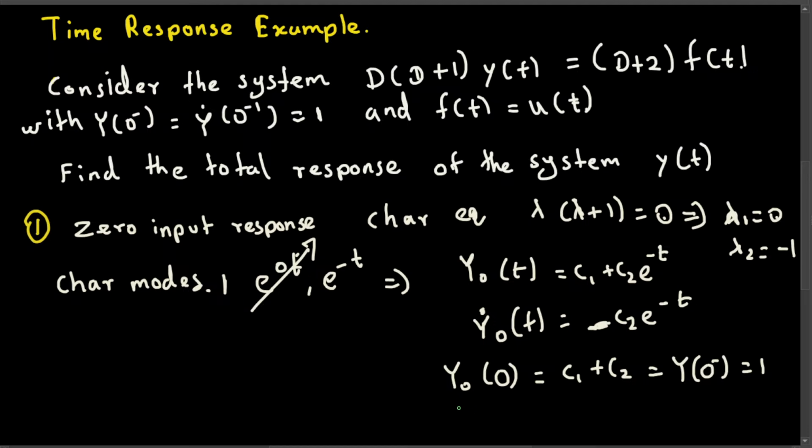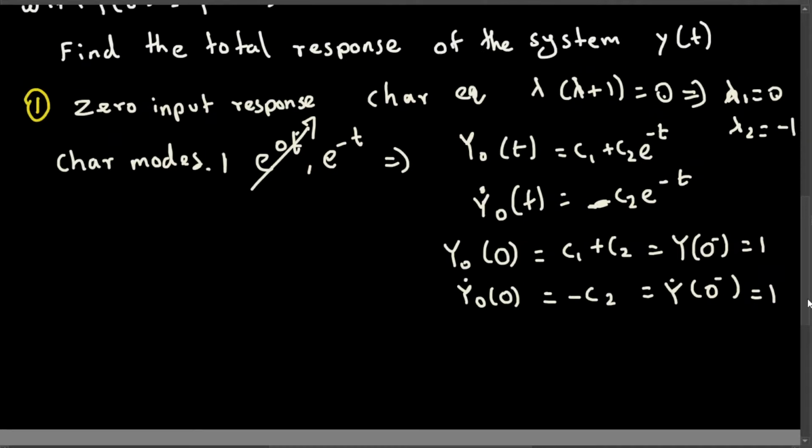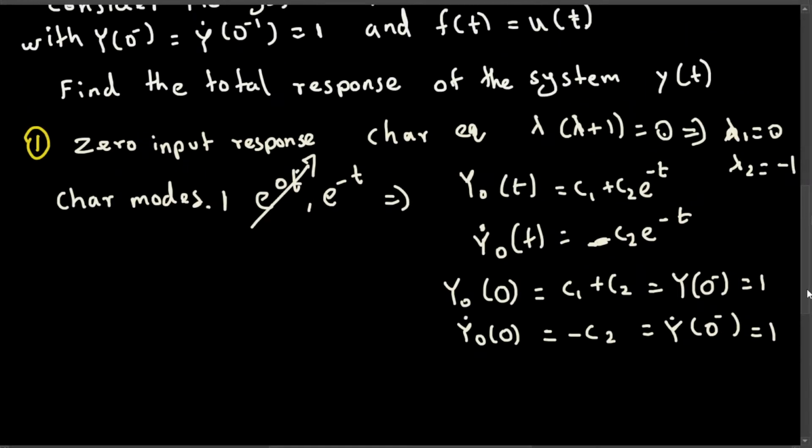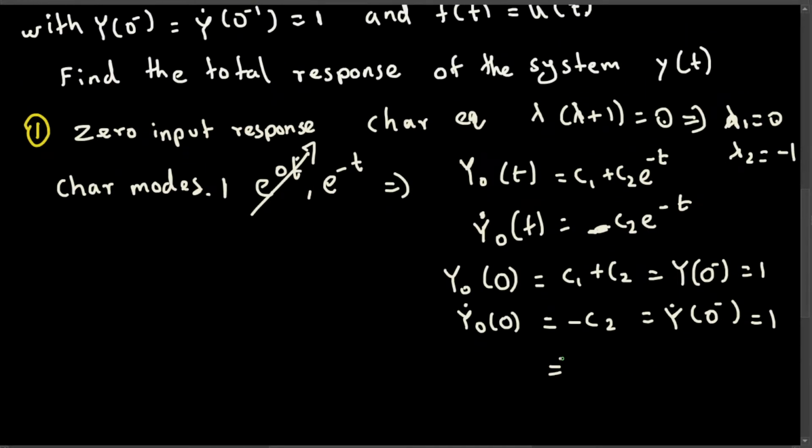Therefore the derivative y0'(0) is equal to negative c2, which equals the derivative of the previous state, 1. From this we know c2 is equal to -1.